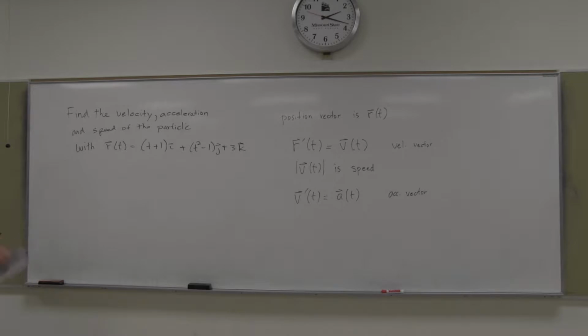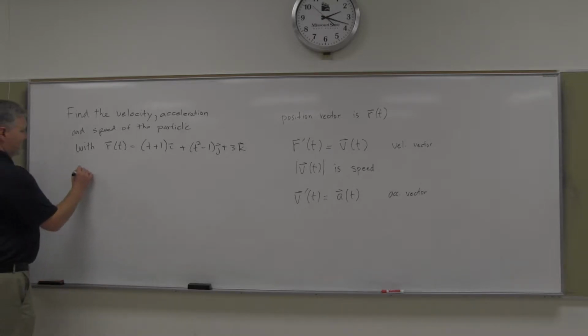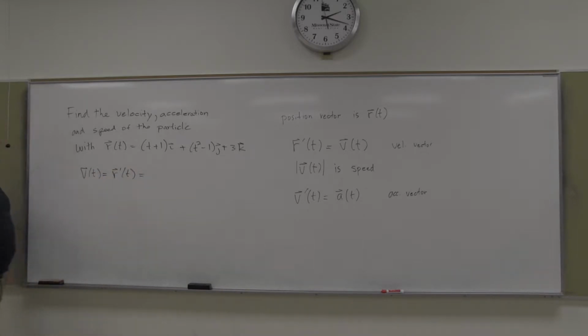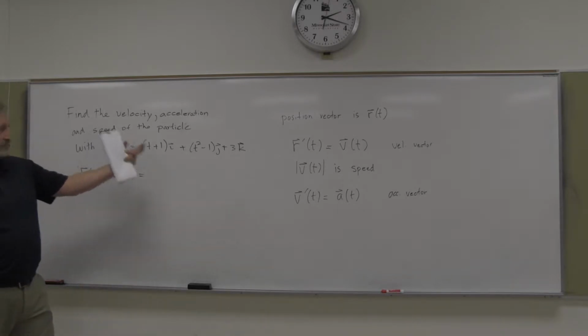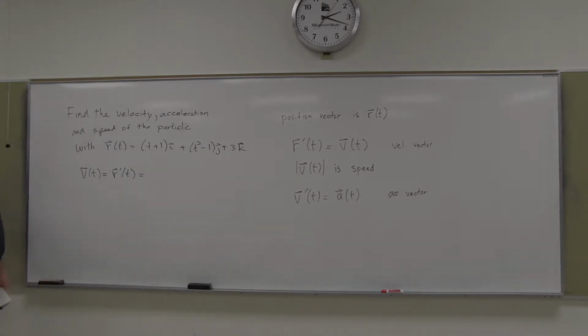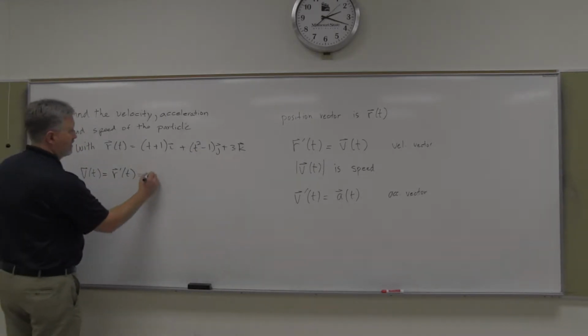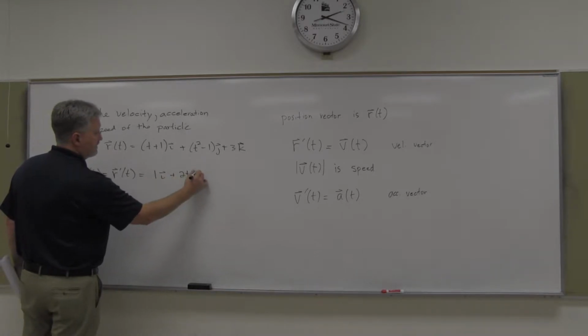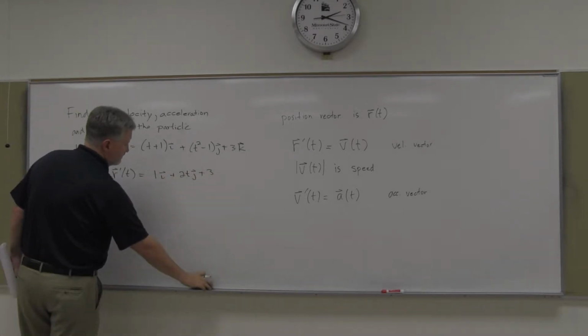All right, so yeah, it's just like we hoped. The velocity vector is just the derivative of the position vector, r prime. And so, again, to do r prime, you just do the derivative of each particular part. So in this case, it would be 1i + 2tj + 0k.